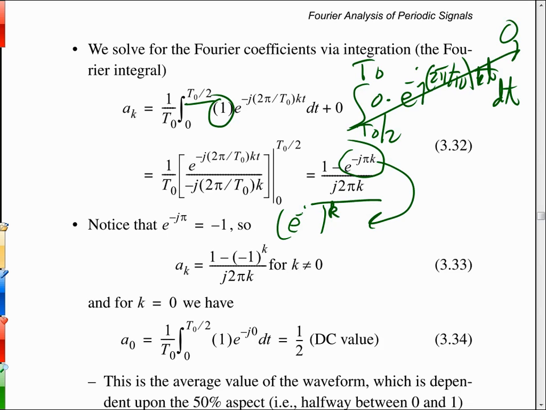If e to the minus j pi is minus 1, then e to the minus j pi to the kth power is minus 1 to the k. So I can then make that substitution in that equation as 1 minus the quantity minus 1 to the k. I still haven't gotten things really beautiful looking, but there's an interesting result that's going on there in that numerator.